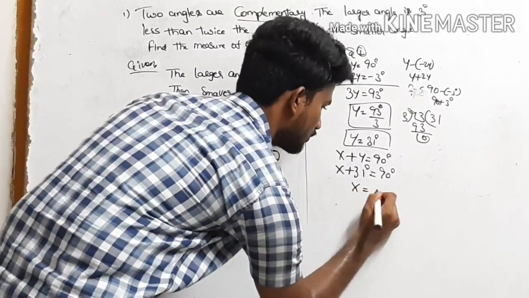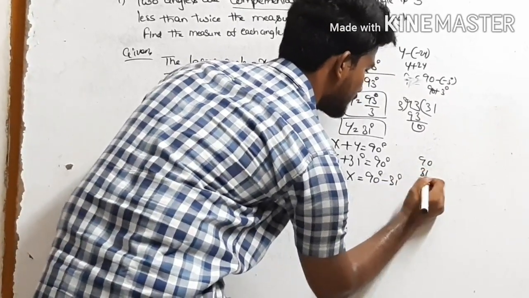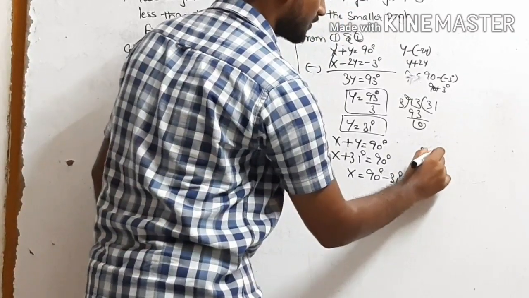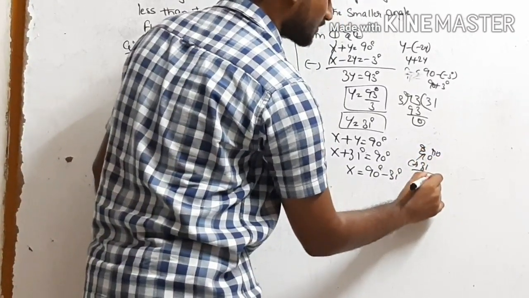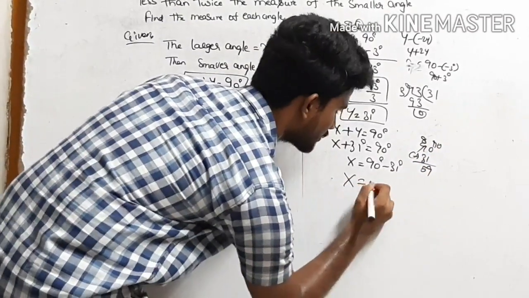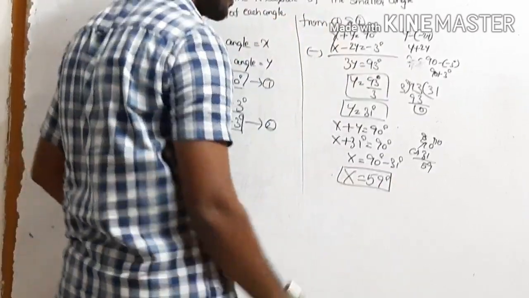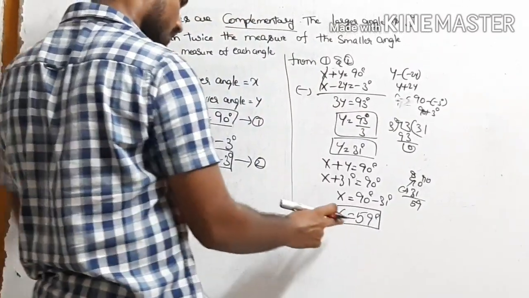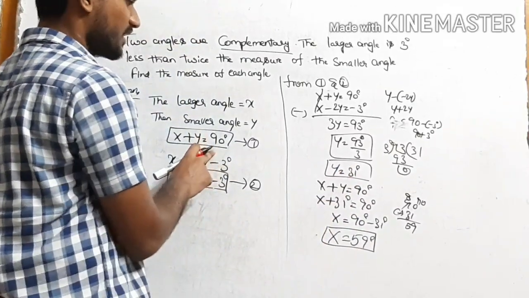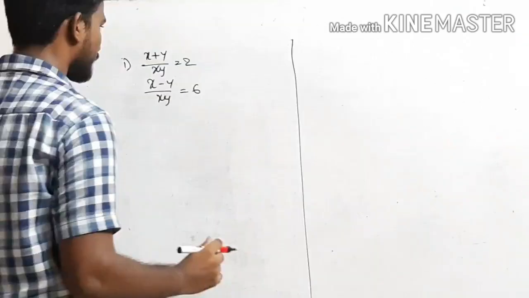Then x equals 90 minus 31 degrees, which is 59 degrees. Do you have any doubt? Then do x plus y equals 59 plus 31, that is 90 degrees. It is verified.